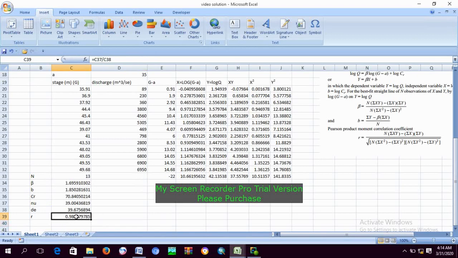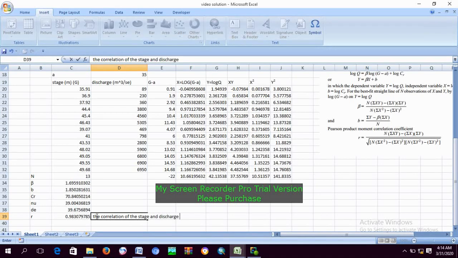Yes, it is good. r approaches 1, so this is a good relationship. It is the correlation of the stage and discharge, a very good correlation.